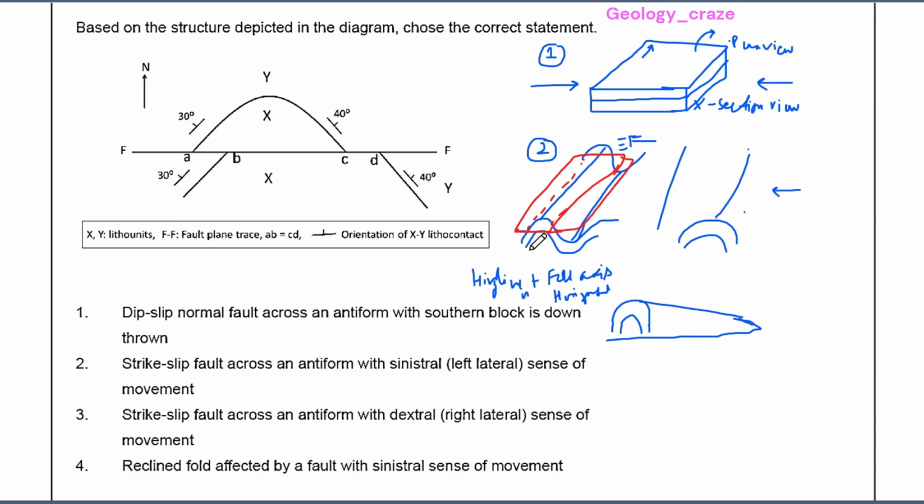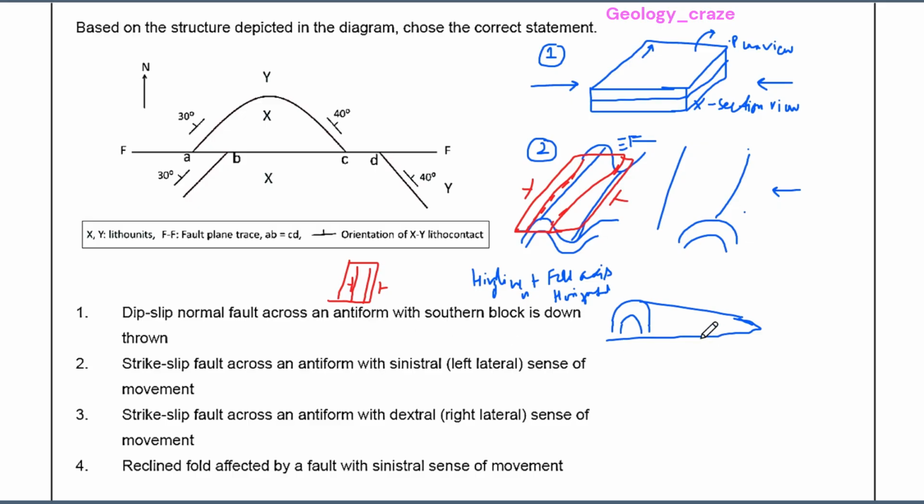This line itself is our hinge line. So now we are getting it like this: on this side our data is dipping toward this side, and on this side our data is dipping toward this side. So we will mark it in this way.